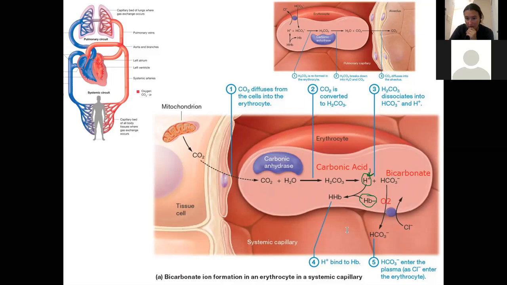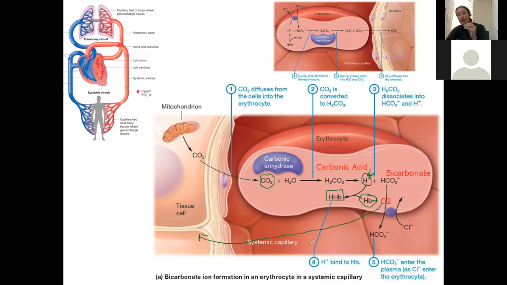oxygen. Okay, so as soon as hydrogen ions are split off of bicarbonate, again, because of the addition of carbon dioxide, oxygen will be released, and therefore it is able to go out to the tissues. Hydrogen binds to hemoglobin and produces this reduced hemoglobin molecule.